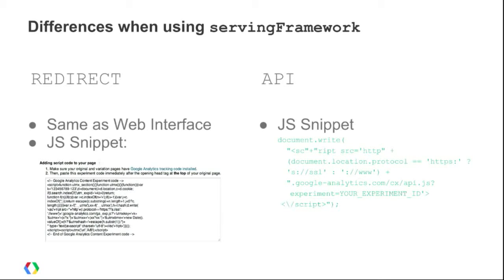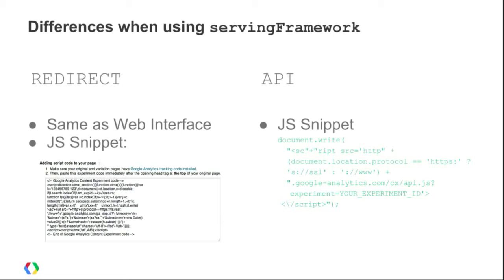This is where you have a JavaScript snippet and you place it on your original page. What happens is when the user visits that page, it redirects them to the URL, or the page, that's been chosen for them, the variation. When you create an experiment through the API and list the experiment, you'll see there's a JS snippet property of that experiment.